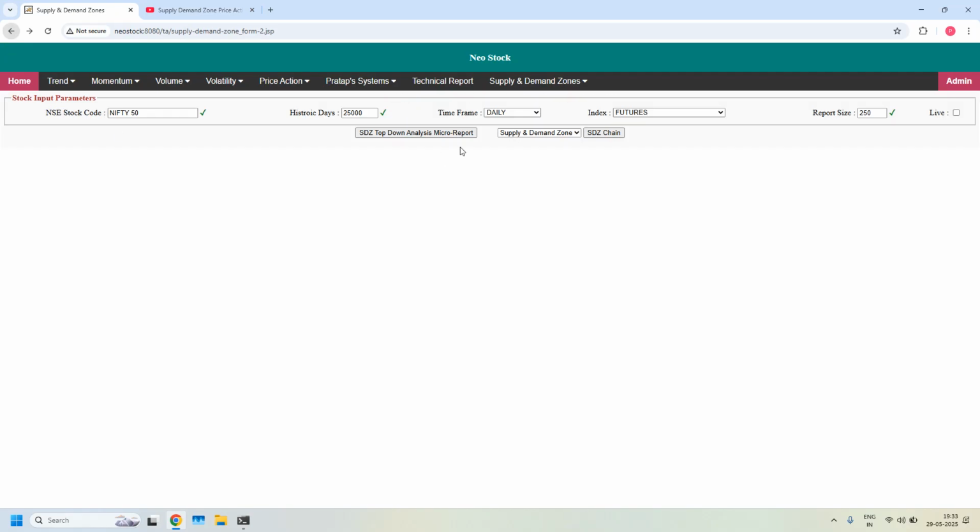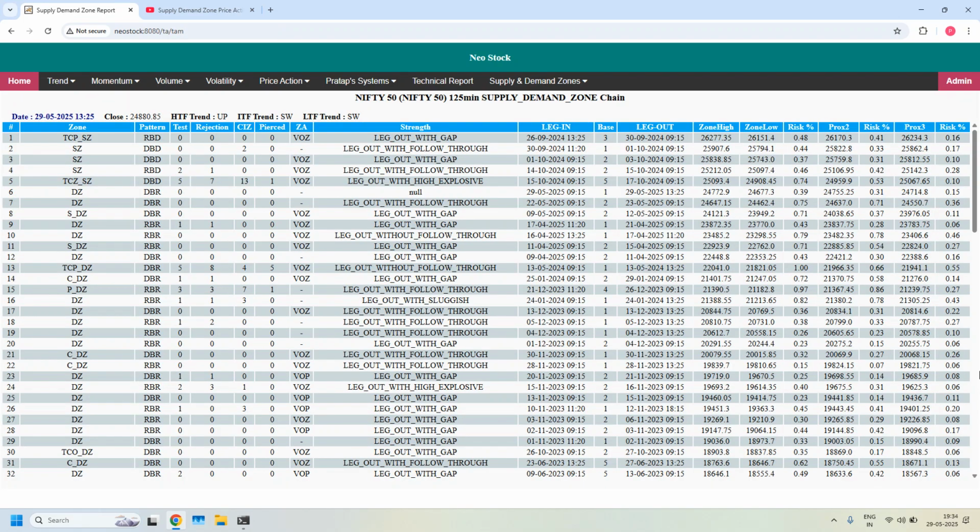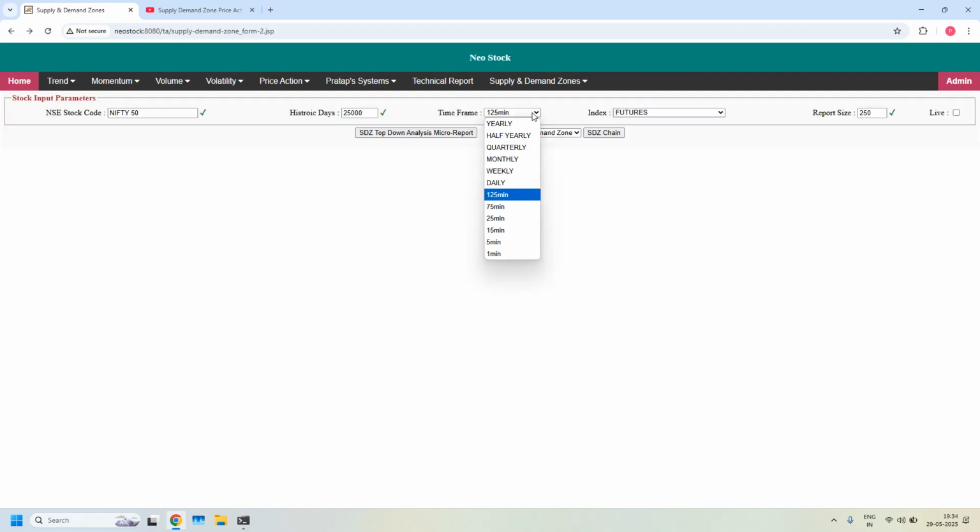Okay, next, 125 minutes supply demand zone chain for Nifty. Next, 75 minutes supply demand zone chain for Nifty.